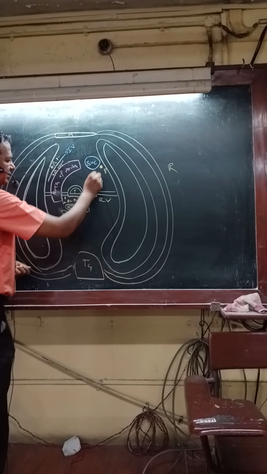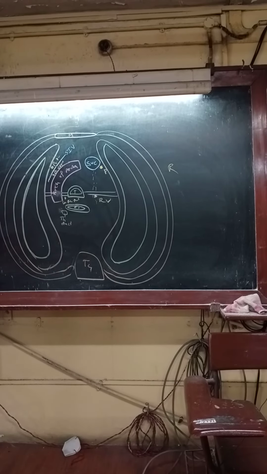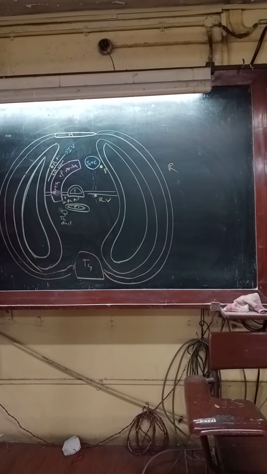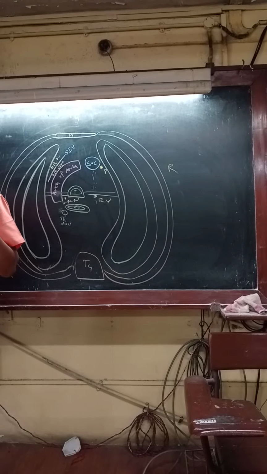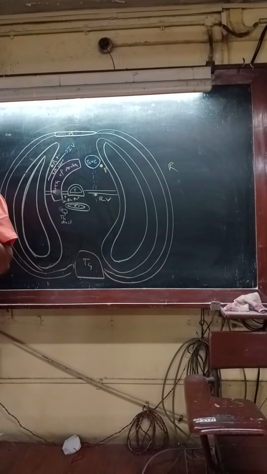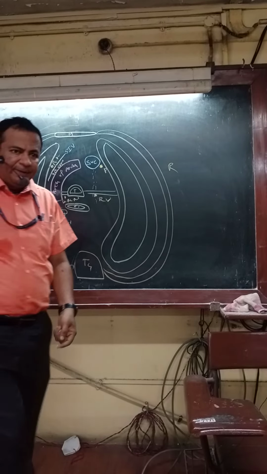It also arches. We said on the roots of the lungs, whether it is right side or left side, there is an arch. Left side is arch of aorta, right side is arch of azygous. Okay?